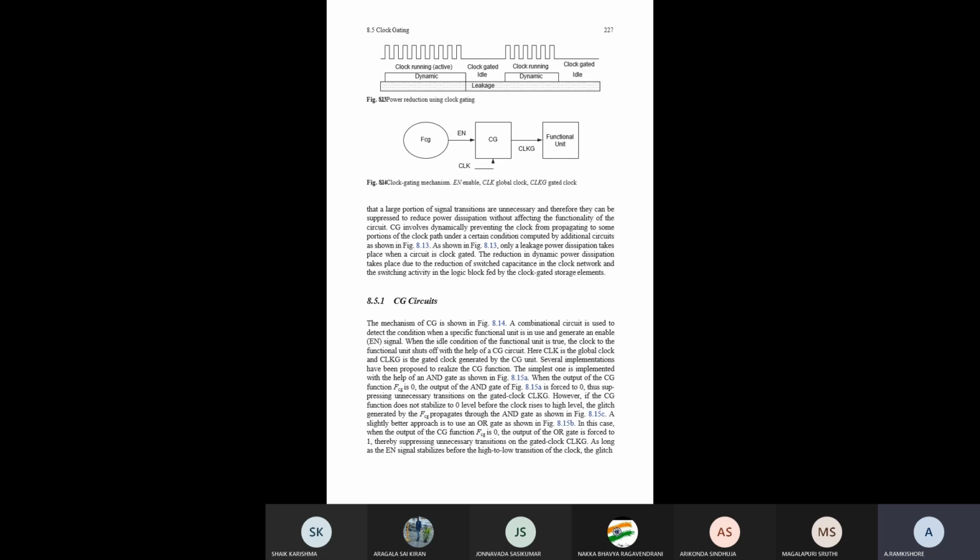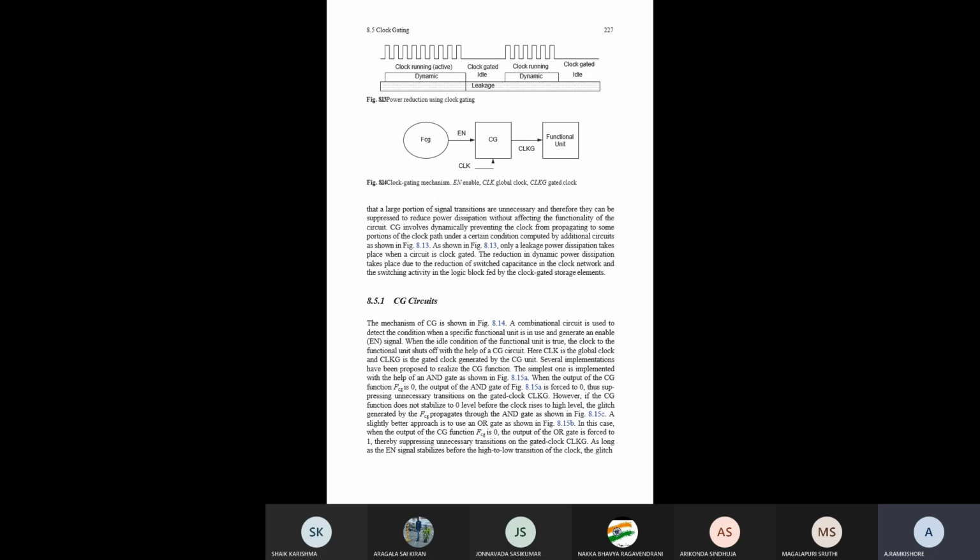Then the circuit will consume more power dissipation, more dynamic power dissipation. So that can be suppressed to reduce power dissipation without affecting the functionality of the circuit.